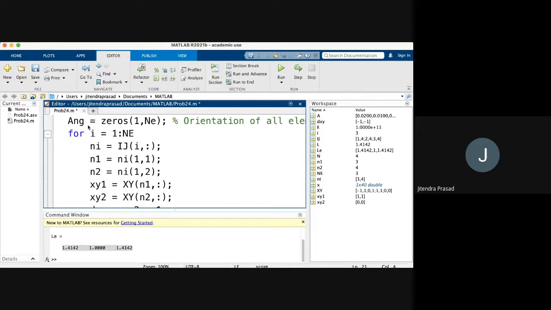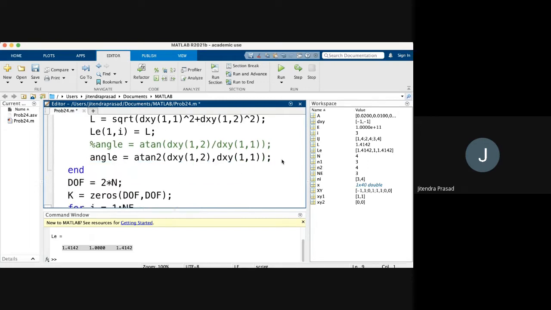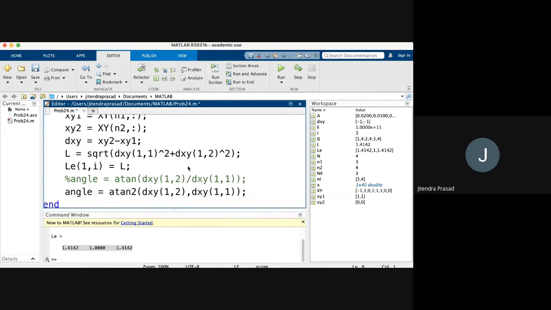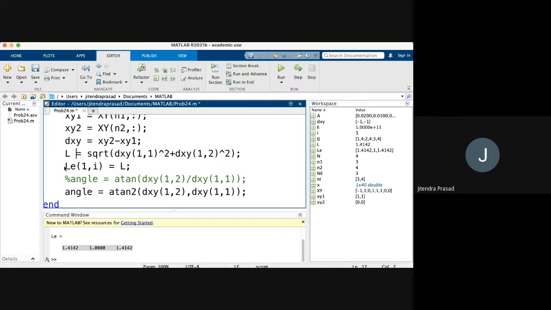We have defined ang as this, and we will save whatever angle we made. Remember, here we don't need to write this first and then substitute here. We could have just written the same thing here itself, and I would have saved L, basically.